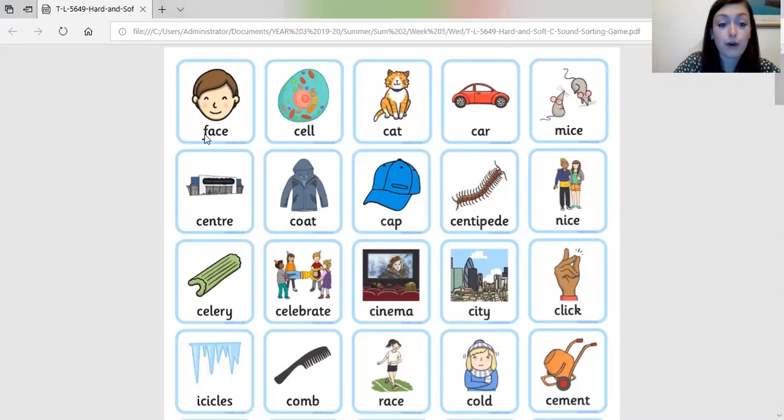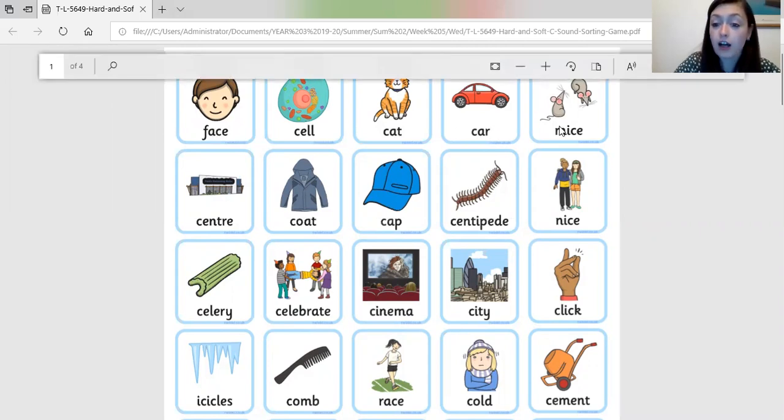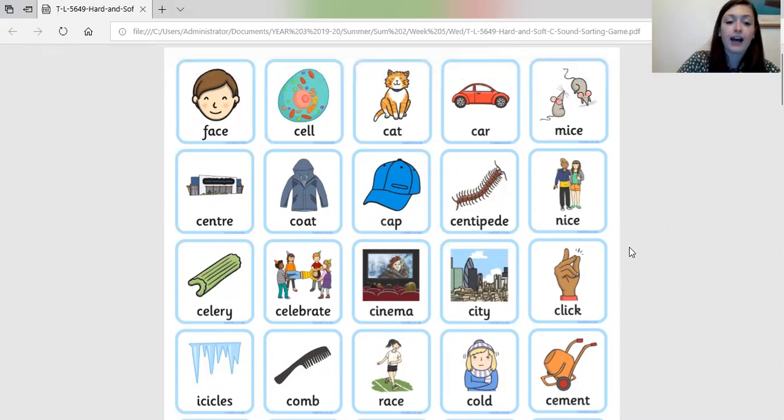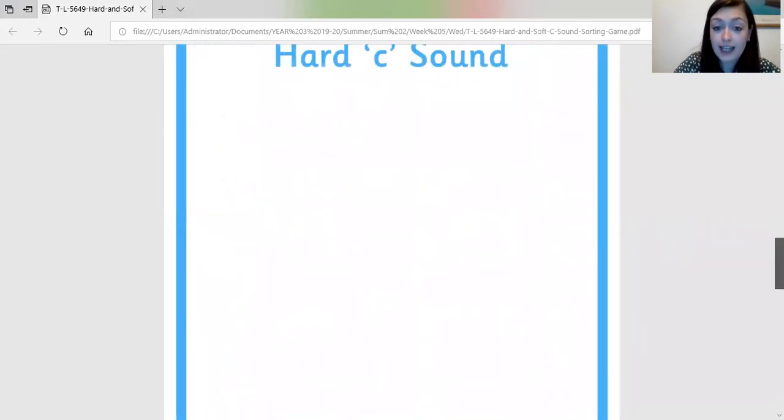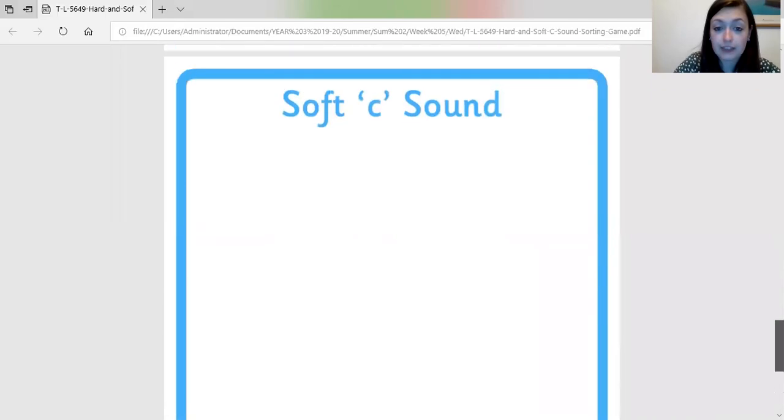For example, you've got face, cell, cat, car, mice, nice, centipede, cap, coat, centre, celery. You've got a variety of words. Some of them have a soft C, an s, and some of them have a hard C, a k. So it's going to be your job to sort them between hard C and soft C.